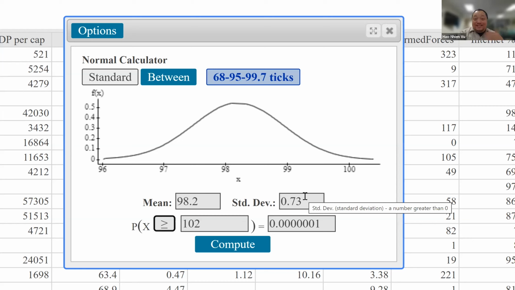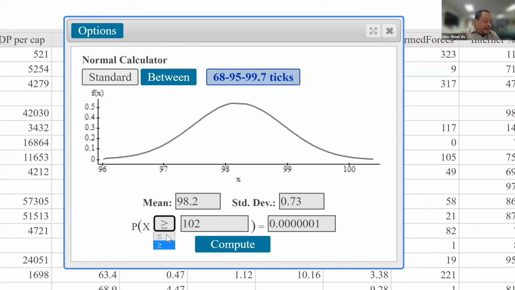So it will happen several times in this class where we do some calculation on StatCrunch. We expect some red area, and not just for normal distribution, but many other things. We expect a red area and we don't see it. And that's because it's so small. It's negligible. It couldn't be shown.